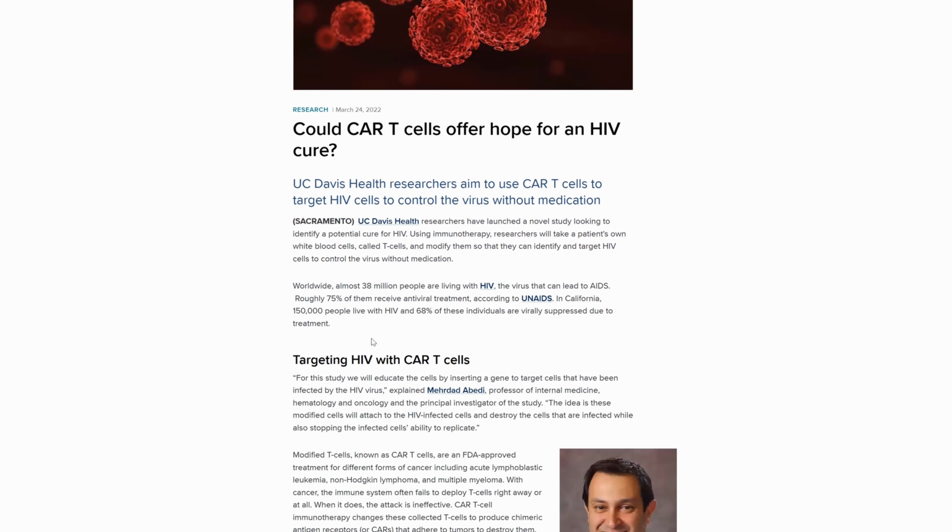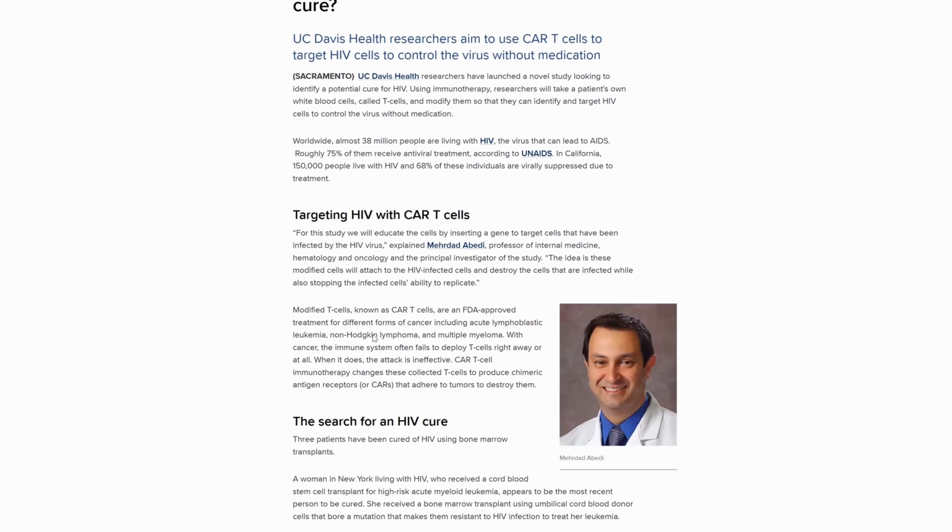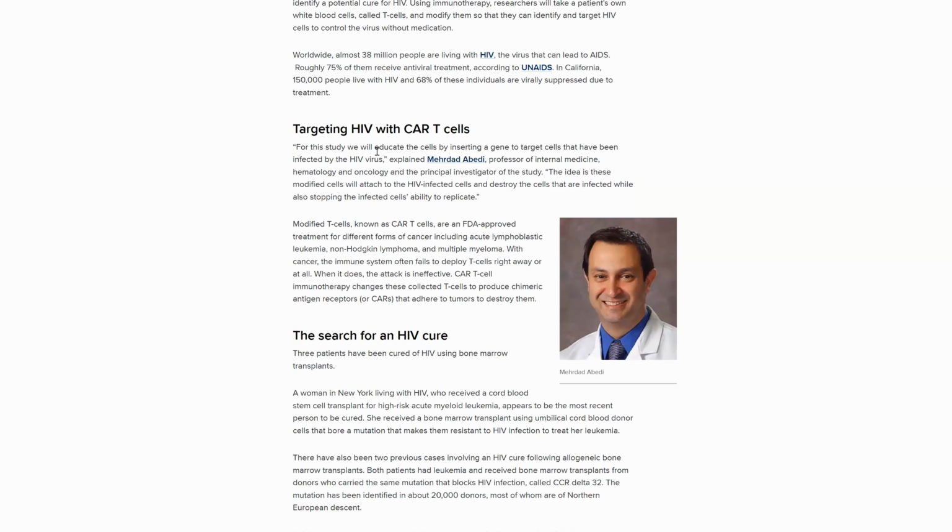All they are saying here is that for this study, we will educate the cells by inserting a gene to target cells that have been infected by the HIV virus. The idea is that these modified cells will attach to HIV-infected cells and destroy them, while also stopping the infected cells' ability to replicate.